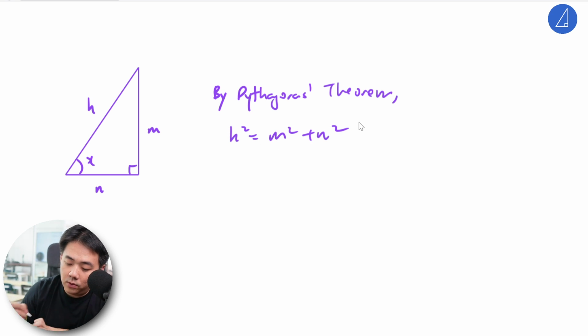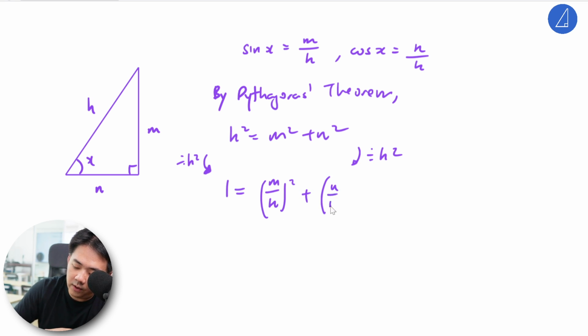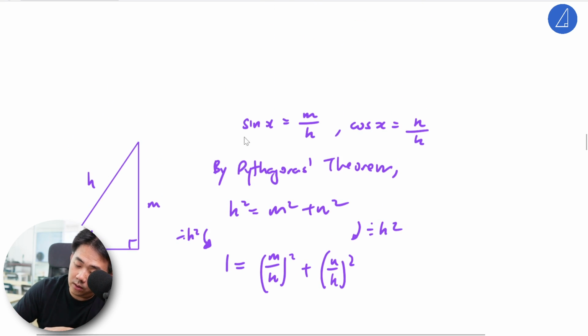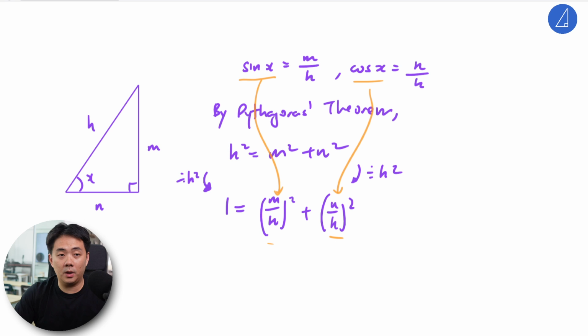Also sine x equals m over h, and cosine x equals n over h. So you divide both sides by h square, and you get 1 equals m over h square plus n over h square. You realize you get your sine and your cosine, so just substitute them in. This is just Pythagoras theorem if you really think about it.